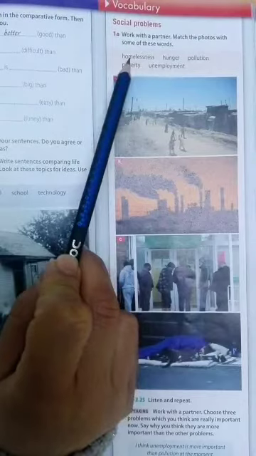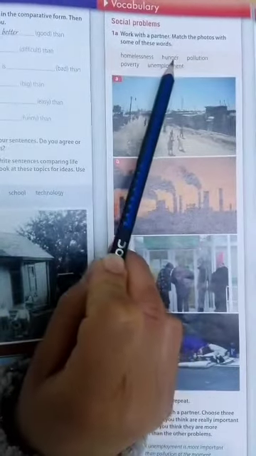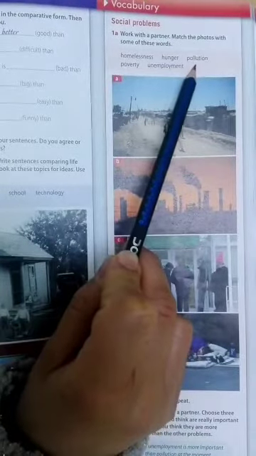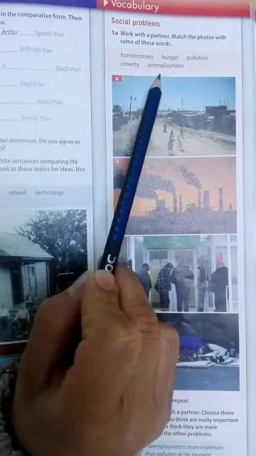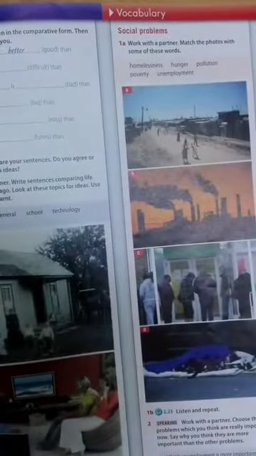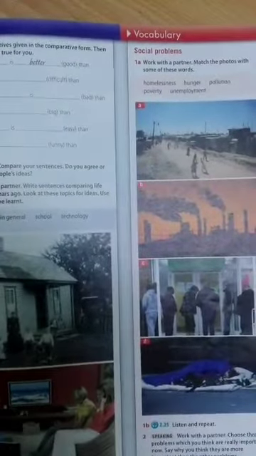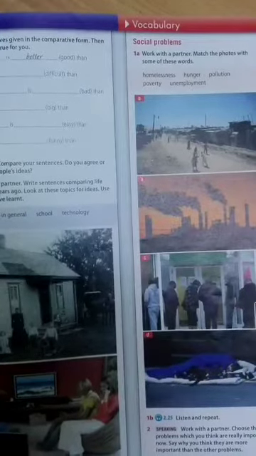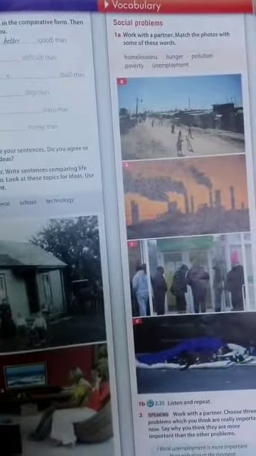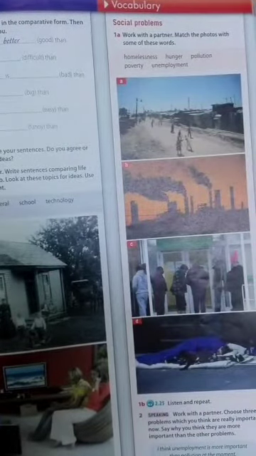Homelessness, hunger, pollution, poverty, unemployment. So, what we are going to do now is to find their meanings from the dictionary in your workbooks.